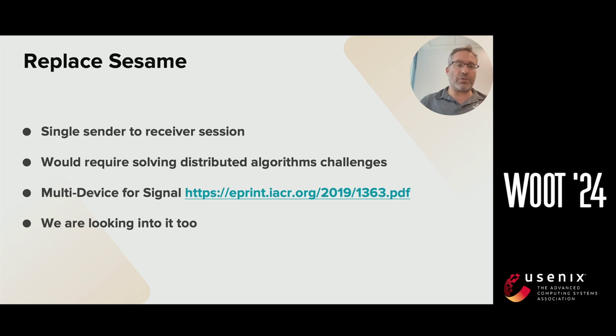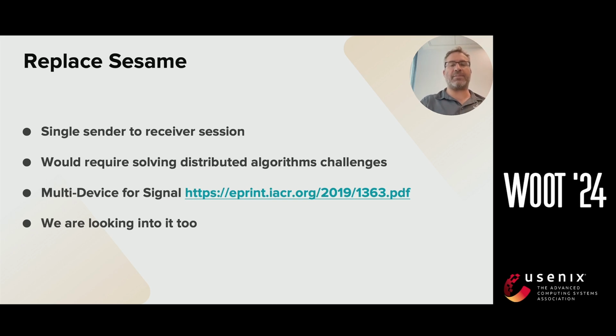A deeper solution would be to replace Sesame altogether. So instead of having multiple sessions, just have a single session between sender and receiver, and that would require solving the distributed algorithm challenge because you now need to maintain the state of the encryption. As we saw, each time a message is accepted, the ratchet advances and so on.